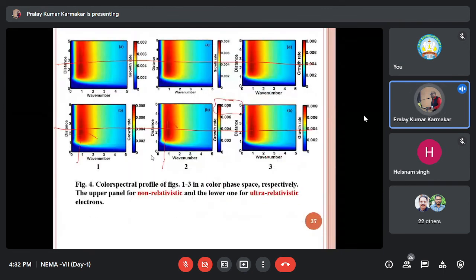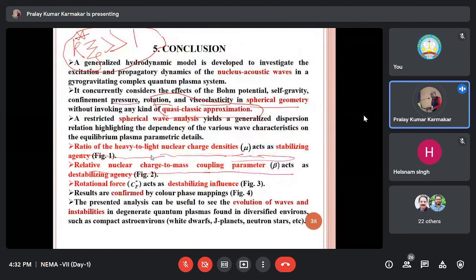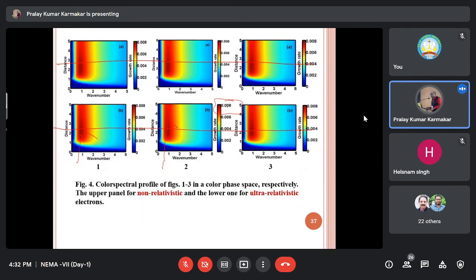Then what we can further see is that the results explored above exactly corroborate with those found in the color spectral profiles given by figure 4. Here again we find the same thing, at what region the growth is minimum. So we are getting fair agreement with the earlier analysis in both the sections.